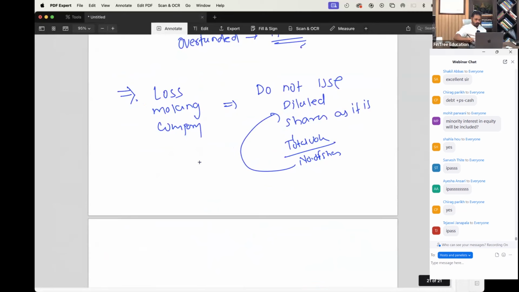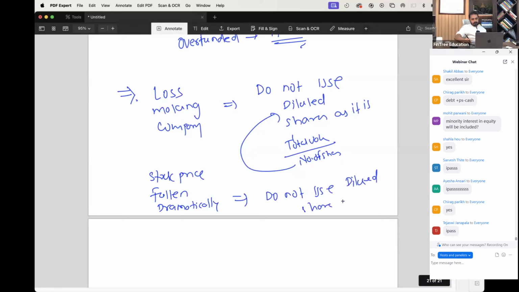There's one more scenario to it. If the company's stock price has fallen dramatically, then again, do not use diluted shares as it is.